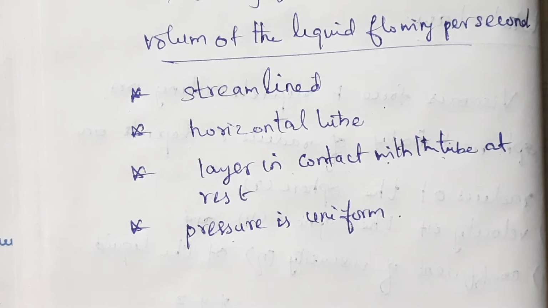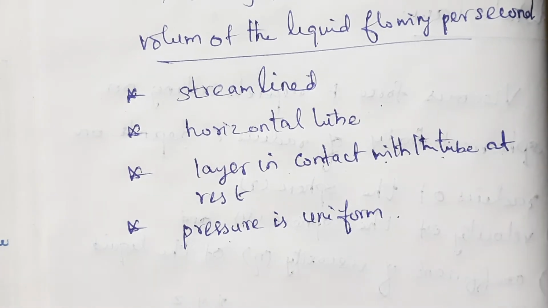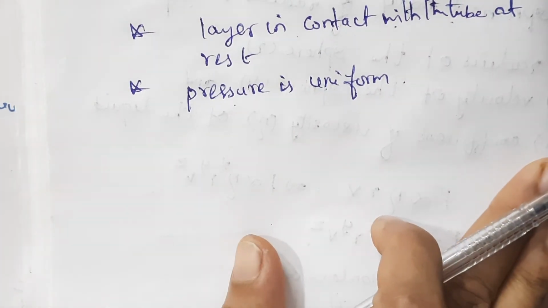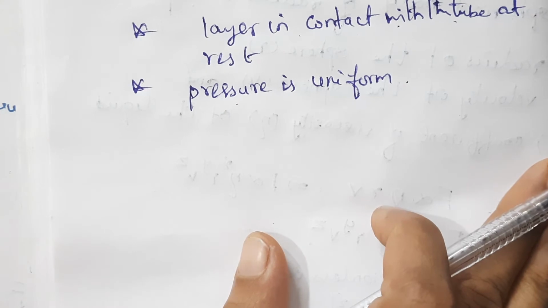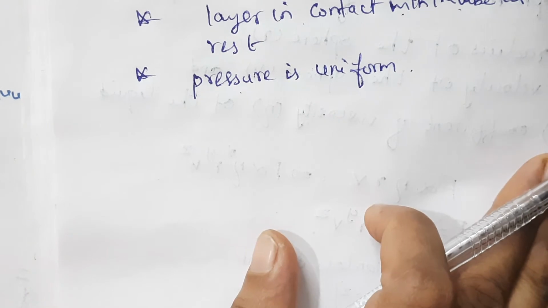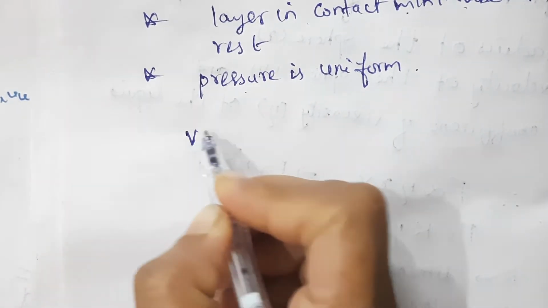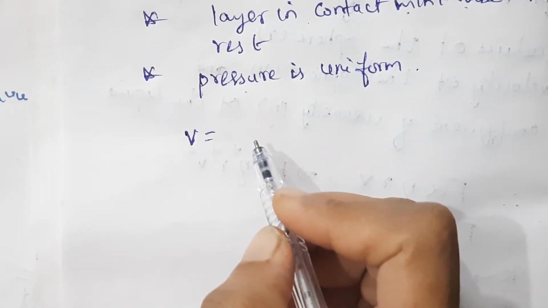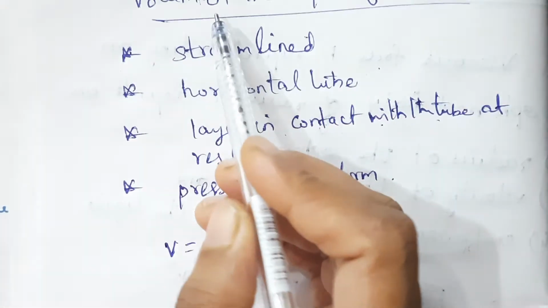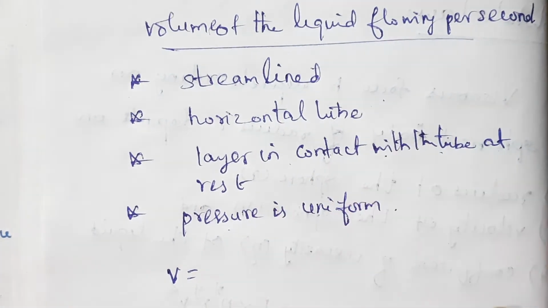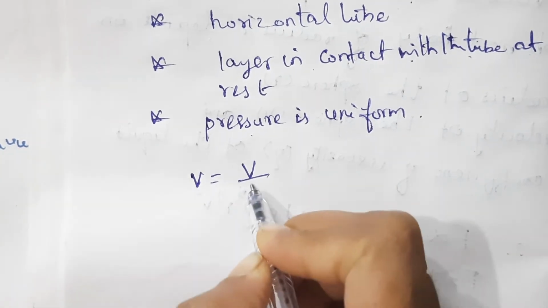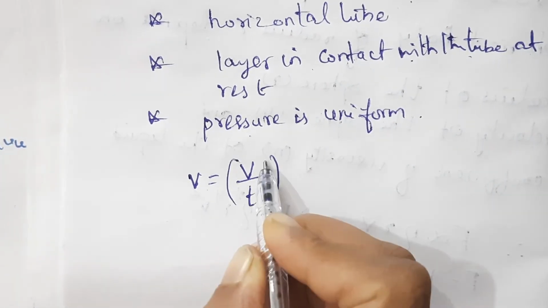Now let's see the derivation of Poiseuille's equation by means of dimensional analysis. Consider the steady flow of liquid through a horizontal tube. Here we are going to find the volume of the flowing liquid per second. So I can write V is equal to V by t, the volume of the liquid flowing per second.